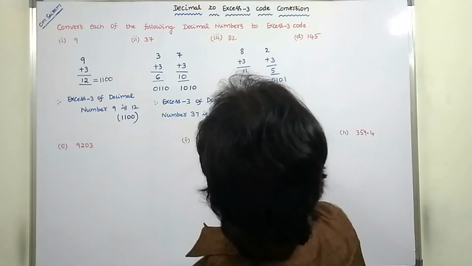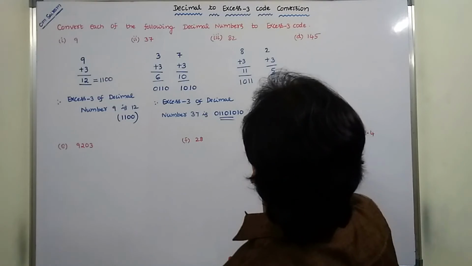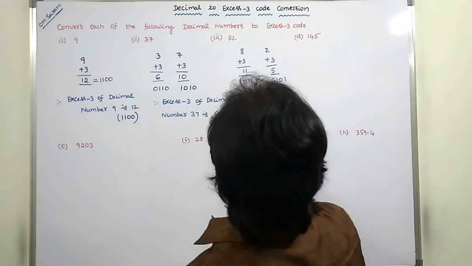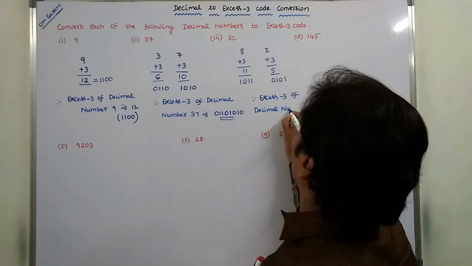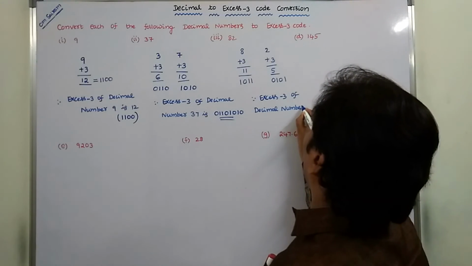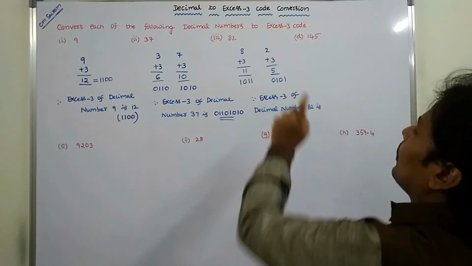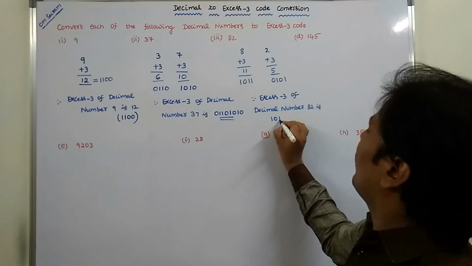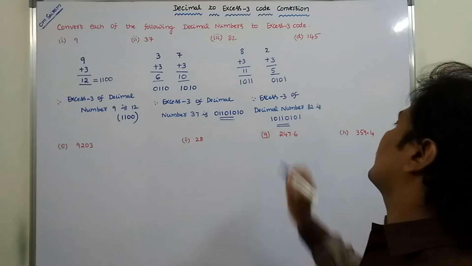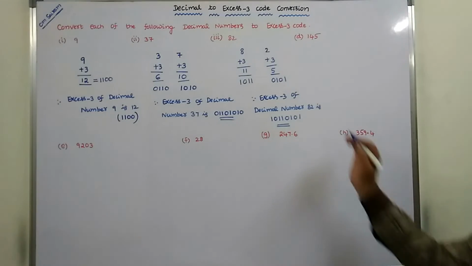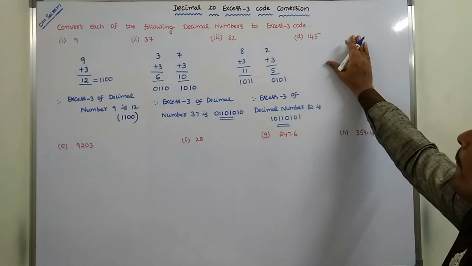So therefore, excess-3 of decimal number 82 is, we have to combine these two, 1011 0101. Okay, so this is the excess-3 code of decimal number 82.